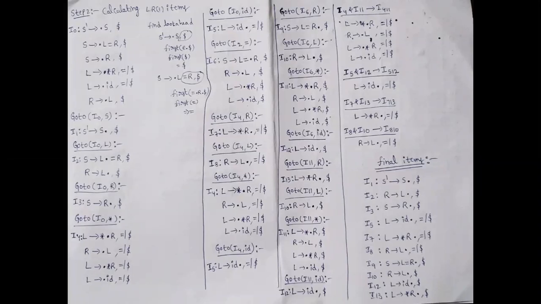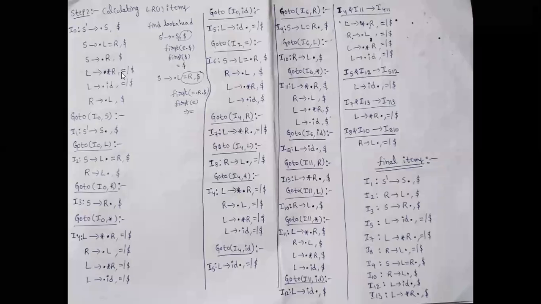So L produces dot star R, and L produces dot ID. These are the productions of capital L. Then we have to calculate the look ahead for these two productions.